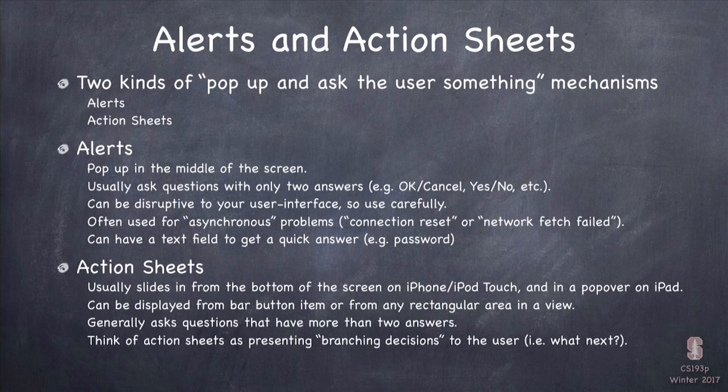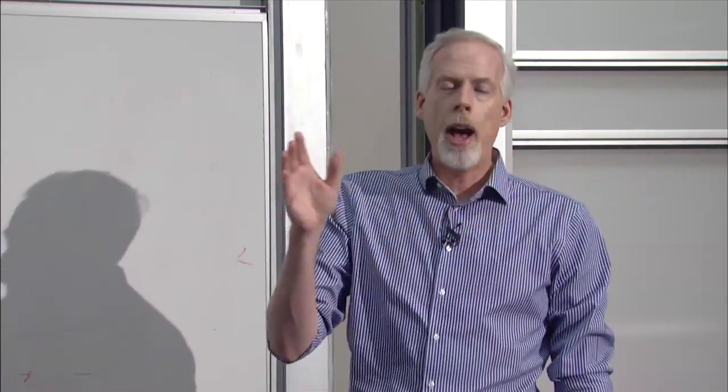Do you want that image to come from the camera, where they're going to take a picture right now, or from the photo library, past photos that were taken, or maybe from some collection view of clip art or avatars or whatever that you provided? So you kind of have to go one of these three directions. An action sheet might slide up from the bottom and say, add photo, how do you want to do it? And you get these choices. And usually there's cancel also, which is, I didn't mean to do that, so cancel.